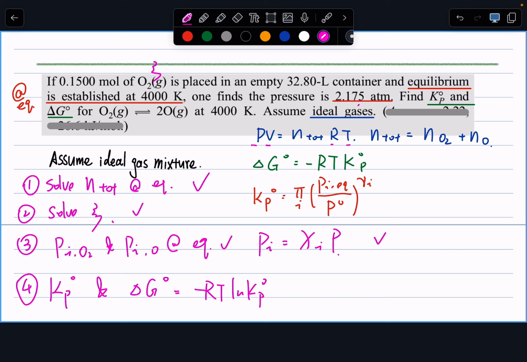Right? My pressure is 2.175 atm. My volume is 32.80 liters.